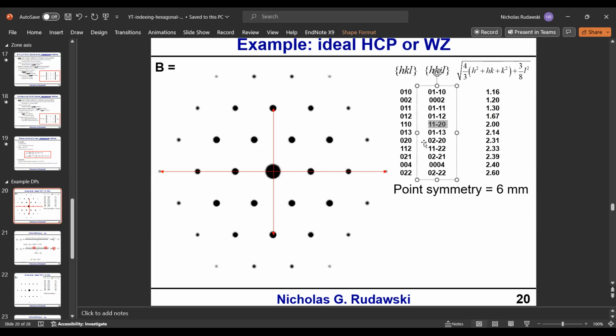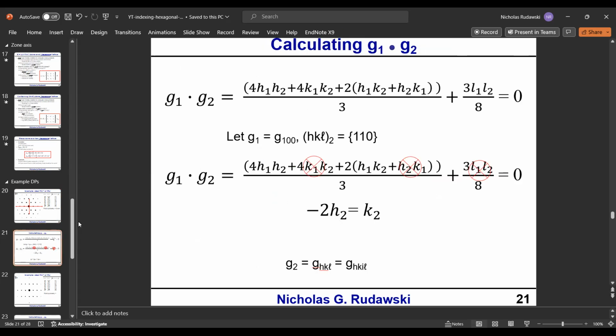Okay, so let me come back here to this slide. Okay, and let me rewrite this. I should have probably put this at the beginning. 1, 1, 2 bar, 0. Okay, put the bar in there.